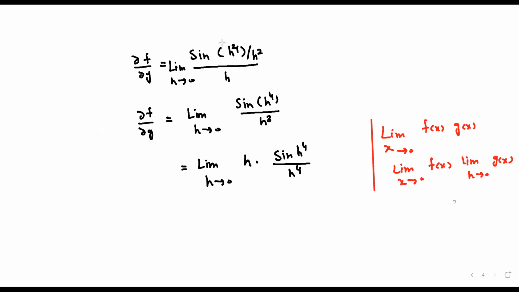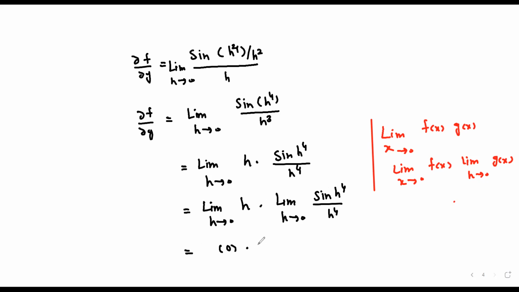So here we have two functions: one is h and one is this one. The limit as h approaches 0 of h, and then the limit as h approaches 0 of sine of h raised to power 4 over h raised to power 4.